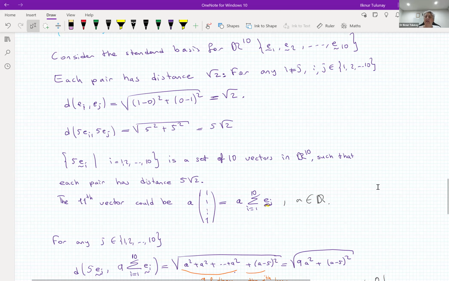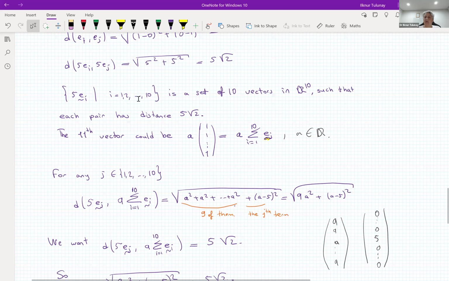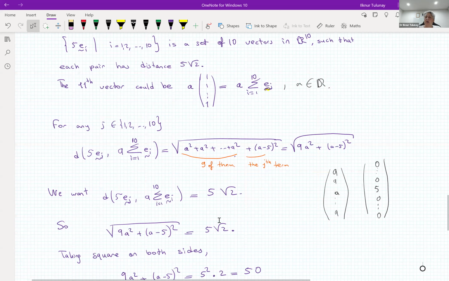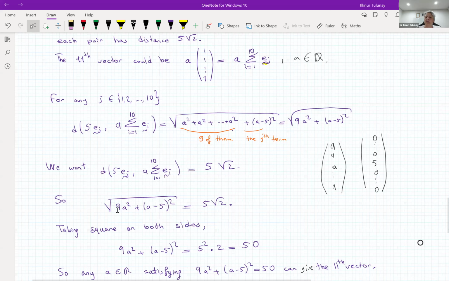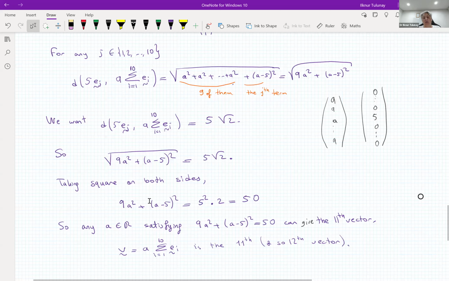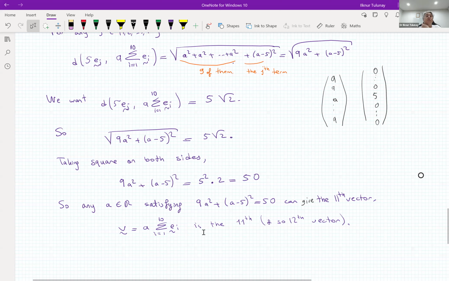Then you look at the distance between these 10 vectors and this particular vector, and you figure out an equation. Once you solve this equation with respect to A, you will have 2 roots. So the 12th vector that you find is a bonus for you. That's all. Thank you very much. I hope these solutions are useful.